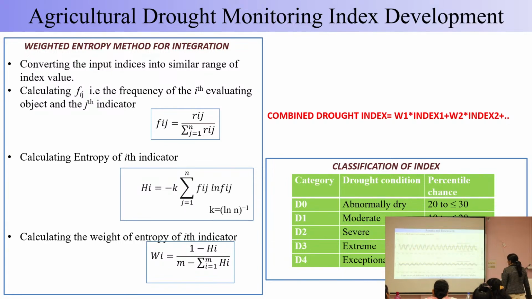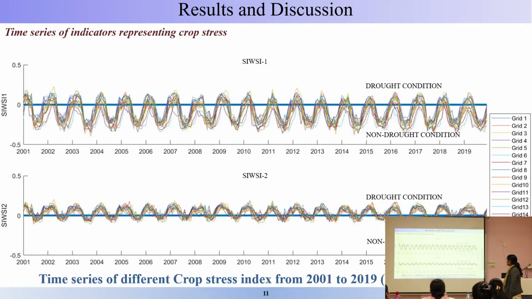Now, these are the different indicators, how they looked when we calculated them. You can see SIW, SI1 and SIW, SI2 were used for referring to crop water stress.